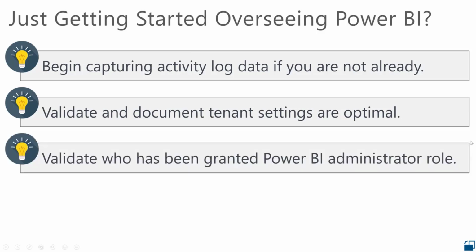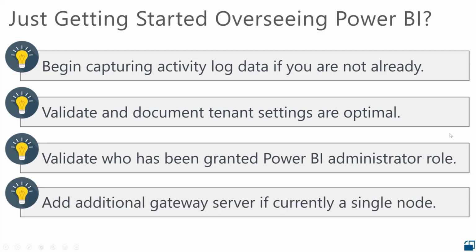However, I think that they're helpful. Validate who's been granted your Power BI administrative role and try to minimize the number of people for that. And bump up your gateway server if it makes sense to, and it's currently a single node, just to avoid it being a single point of failure, because that could be disruptive to users if something should go wrong with that gateway server.